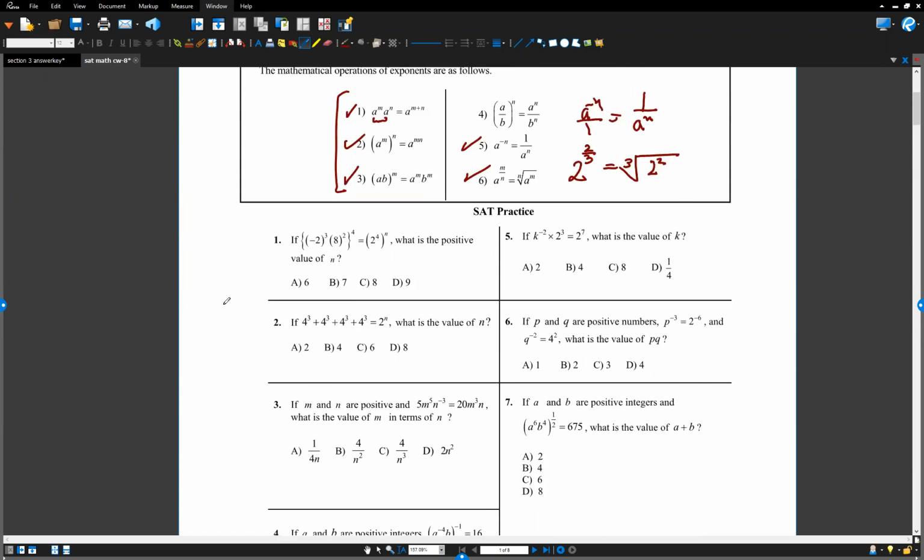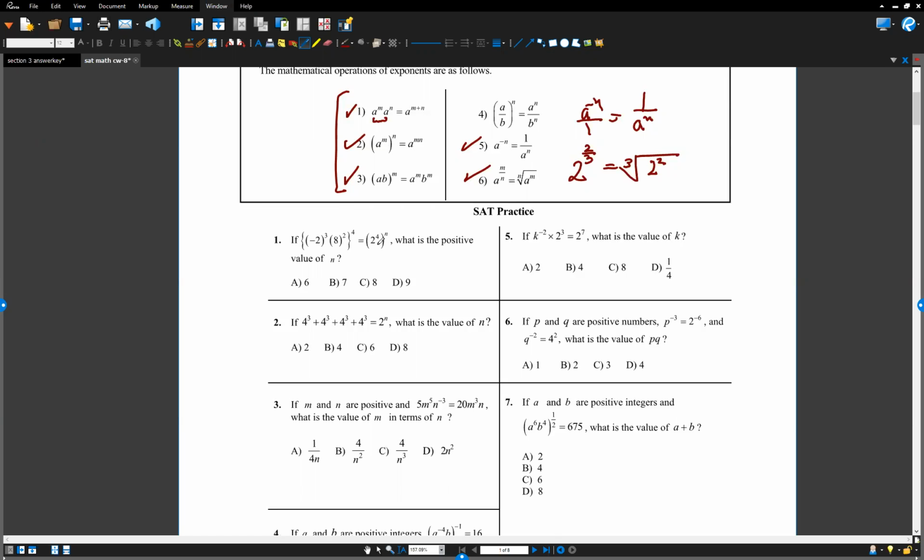All right, now what is the positive value of n to make the equation equal? That is the exponent equation. How do we solve this one? First, we check right inside the parentheses, -2 cubed. The other 8 is not a negative number. So we separate the negative sign and the number 2.